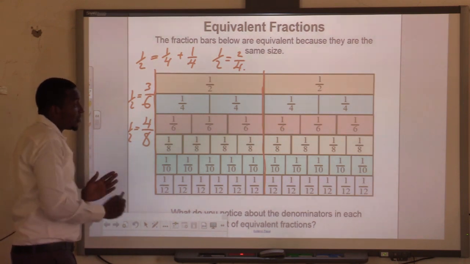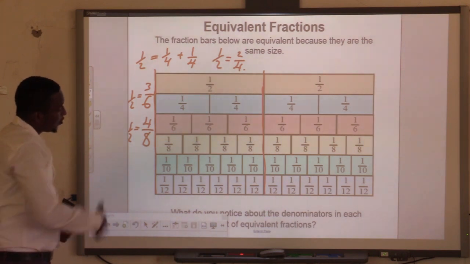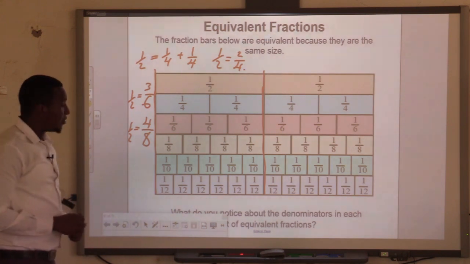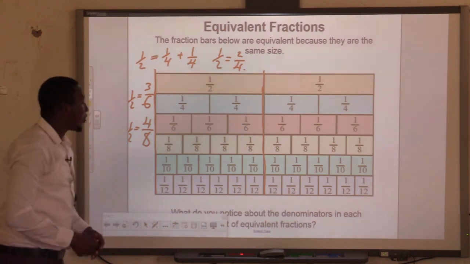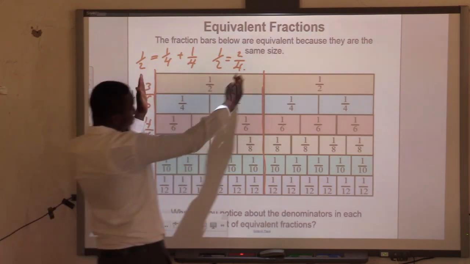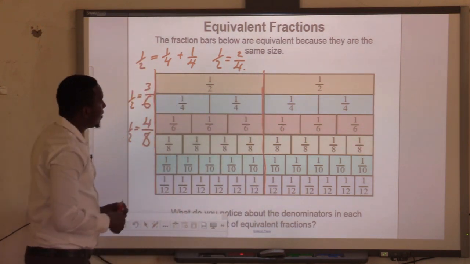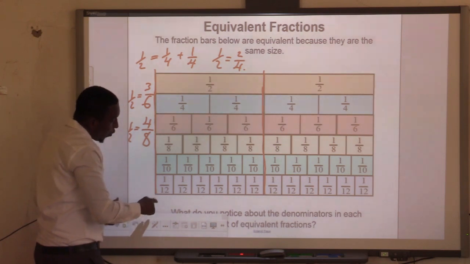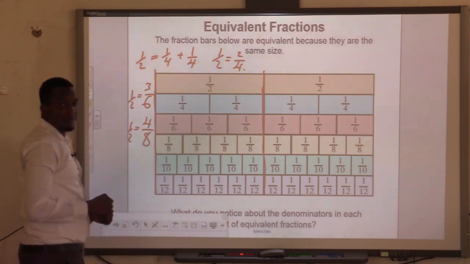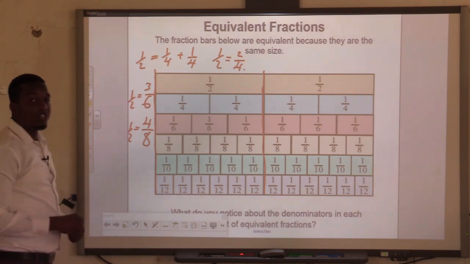The evidence of this is what we are seeing already here on the board. Again, we can do it for 1/12. We can do it for 1/10. Let's try the one for 1/12 and move on to other examples. If you look at it, you will see that we have the same half. And how many 1/12 can we add in order to give us a half? We count from our fraction chart.